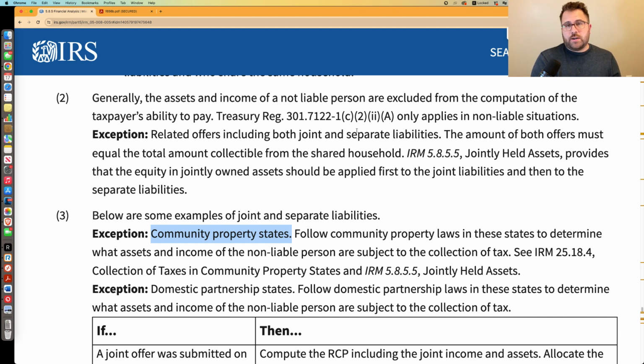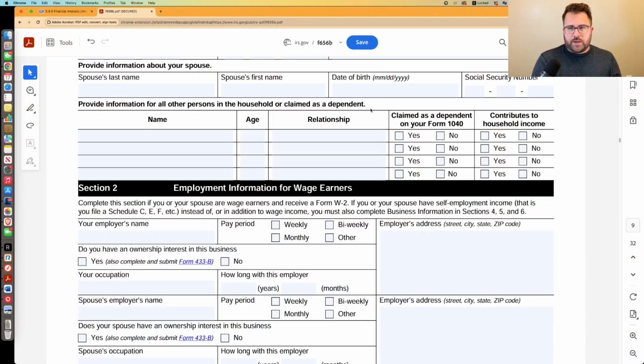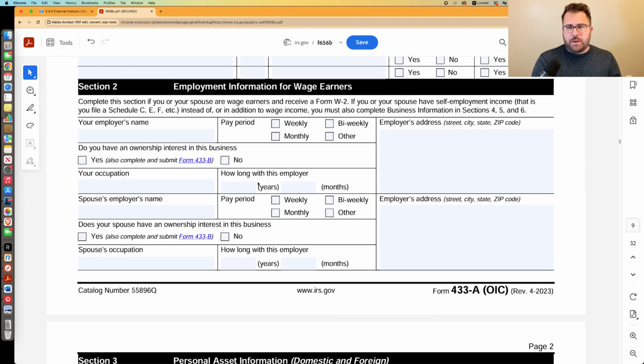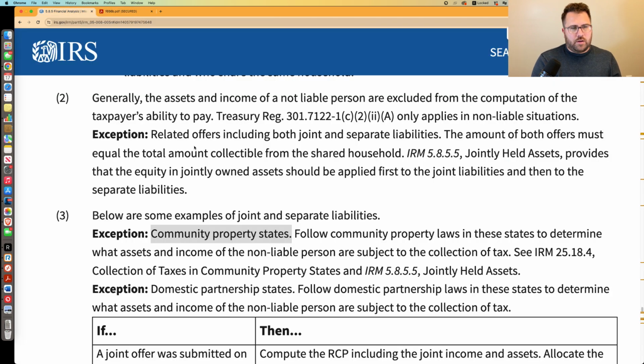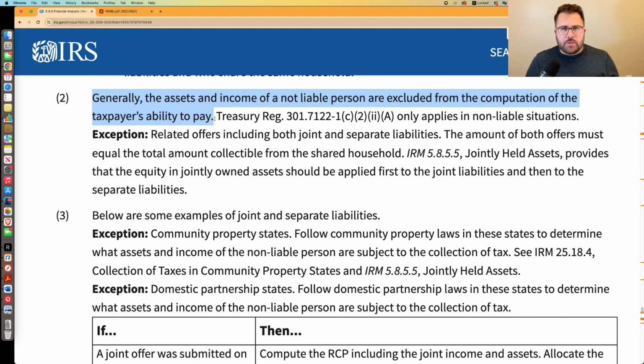But in the typical scenario, here's what would happen. Let me go back to the 433-A OIC. I'm not putting the non-liable spouse's income here. Because on the basis of the IRM, generally the assets and income of a non-liable person are excluded from the computation of the taxpayer's ability to pay, even if you live in a community property state.